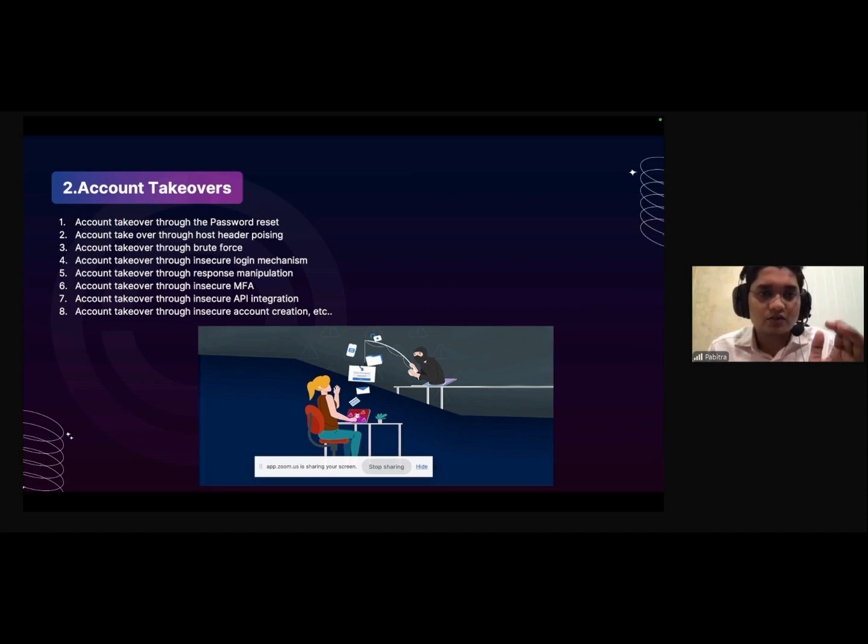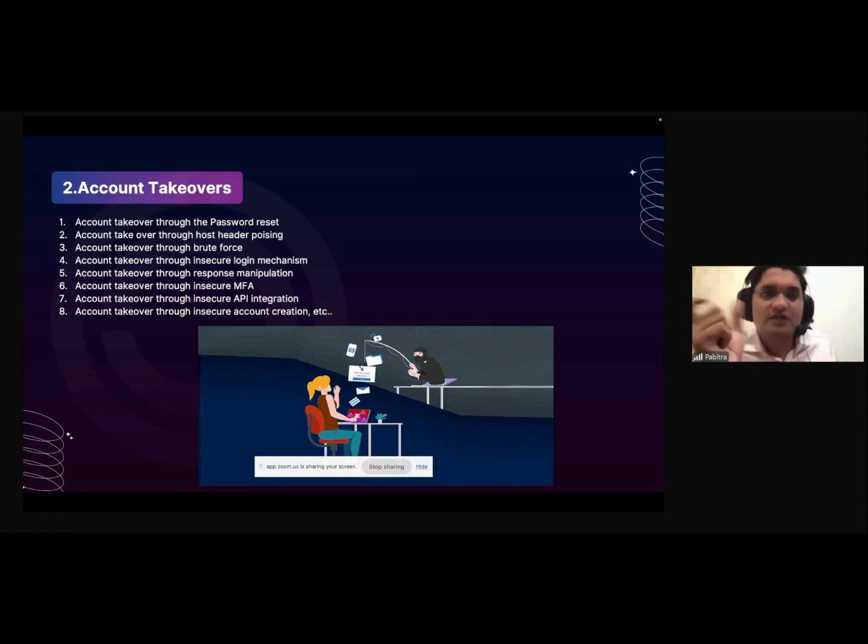Let's assume it's brute force. A hacker will first try to enumerate the username, because there are different ways to enumerate usernames, and then try to brute force the password, easily guess it, and log in. Although it is hard, we saw that many companies do not have a password policy, so it is very easy for a hacker.